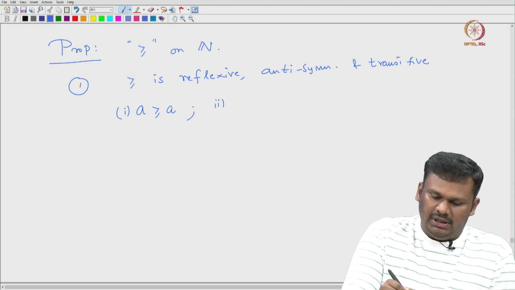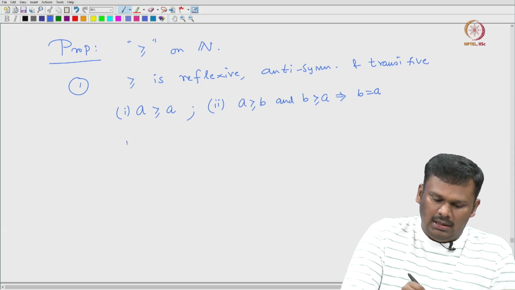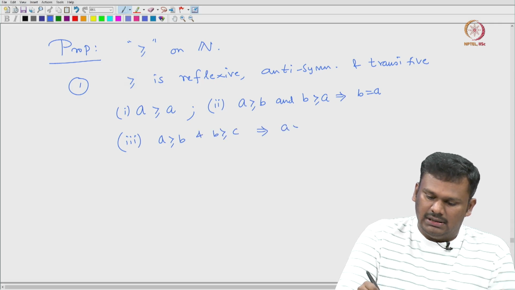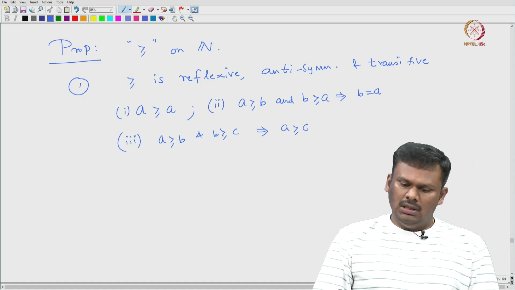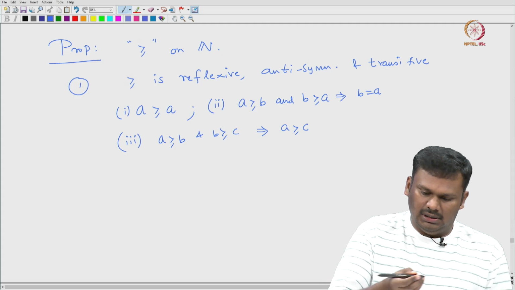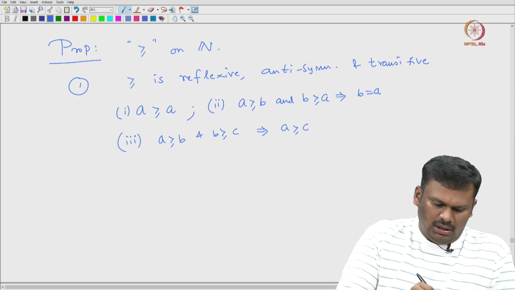Anti-symmetric means if a is greater than or equal to b and b is greater than or equal to a, then that should imply that b equals a. The third thing is transitive, which says a greater than or equal to b and b greater than or equal to c implies that a is greater than or equal to c. Since the proof of this basic fact is easy, I will leave it to you to check.